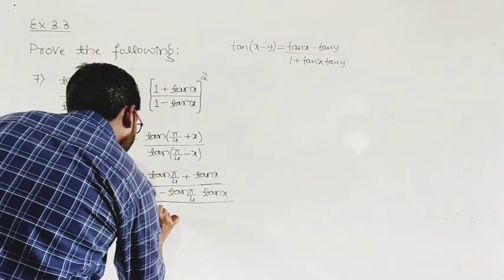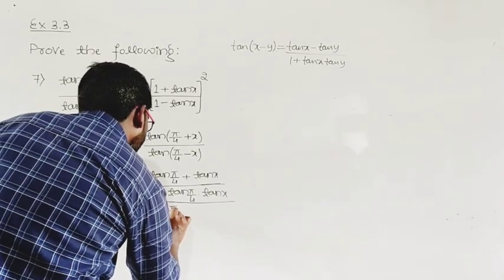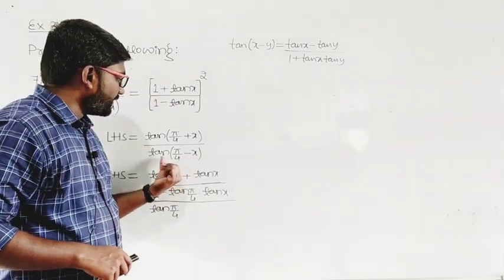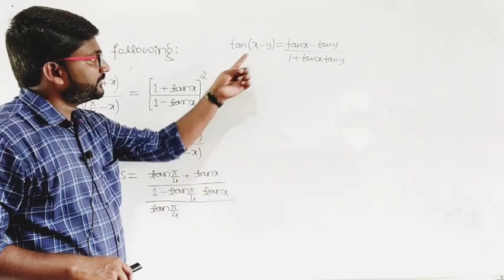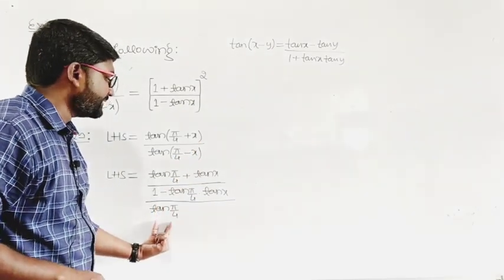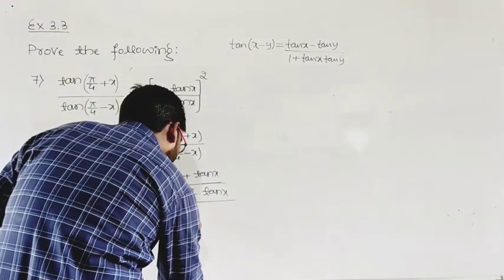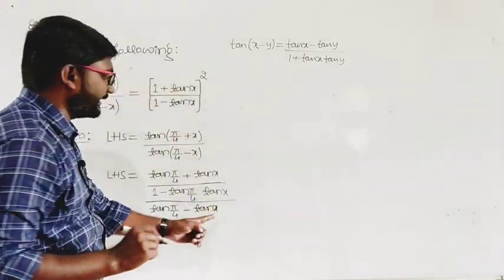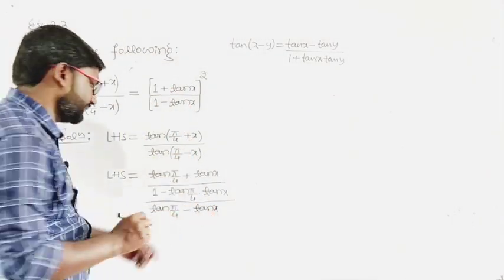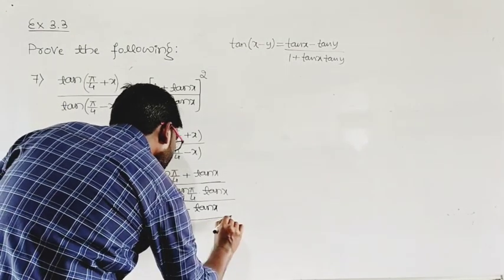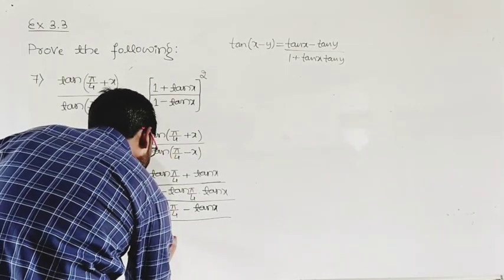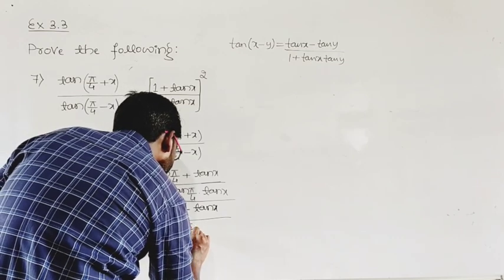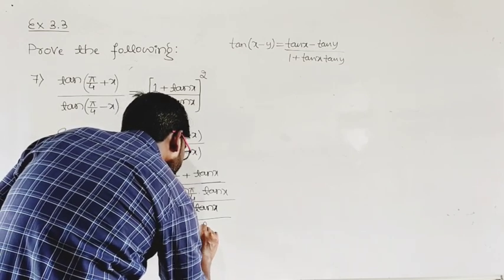So it is tan pi by 4 minus tan x, because in place of y it is x, divided by 1 plus tan pi by 4 into tan x.